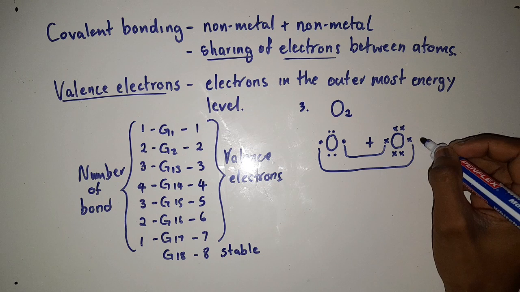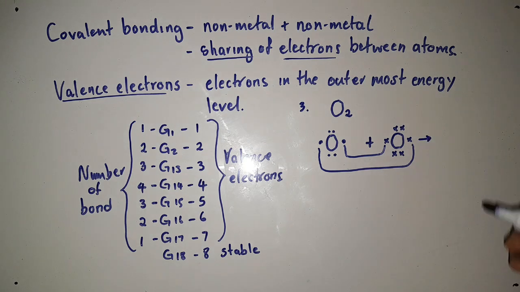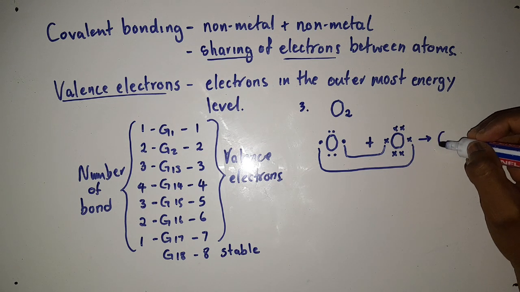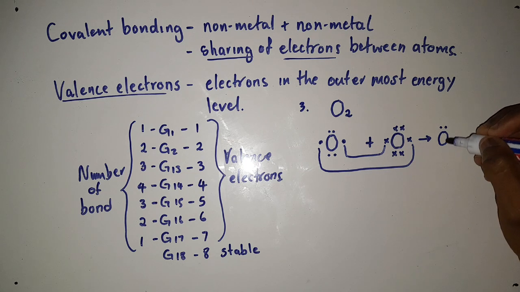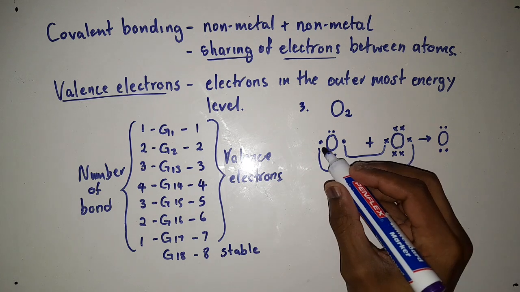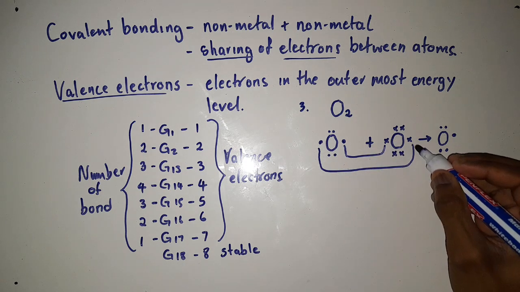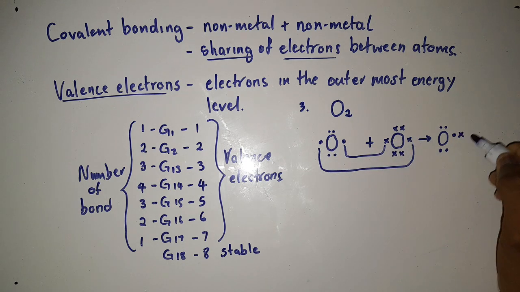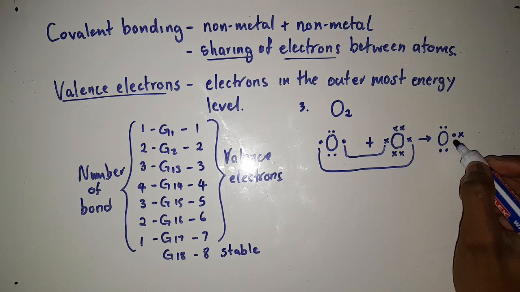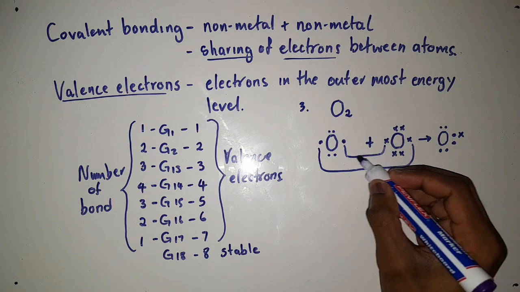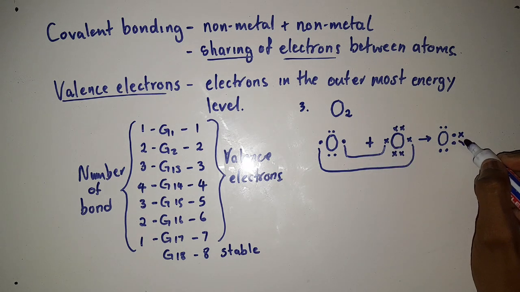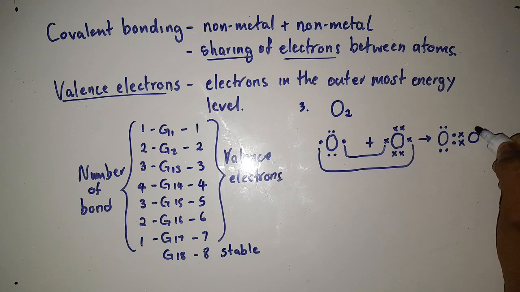At the end of the day, we are going to get the situation which is like this. Let me write X. Then one of these is going to pair with one of these, like this. Then now we get a situation which is like this.